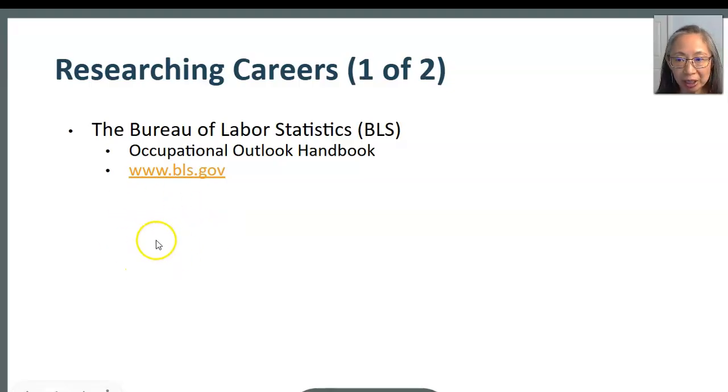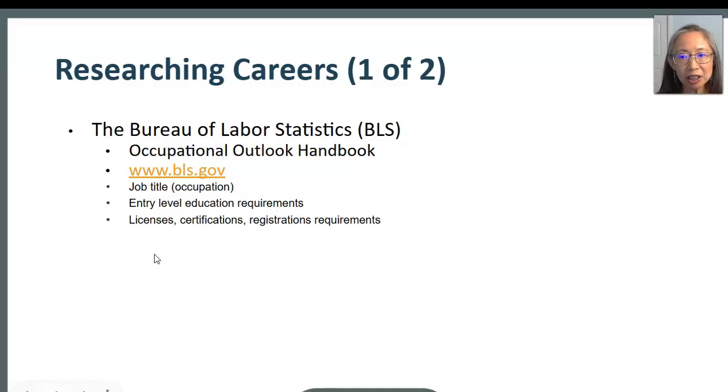In the handbook, they collect things according to each job. So they have a job title or occupation. They also tell you what type of education is necessary for that particular job, along with any special licenses or certifications that you need to obtain.